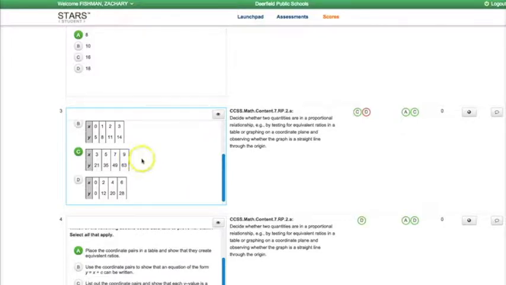A was actually this one here, which is now C, and B that I chose was this one here, which is now D. But those are the two that I selected as my answers. You'll see there's C and D now, but when I took the test, they were A and B.